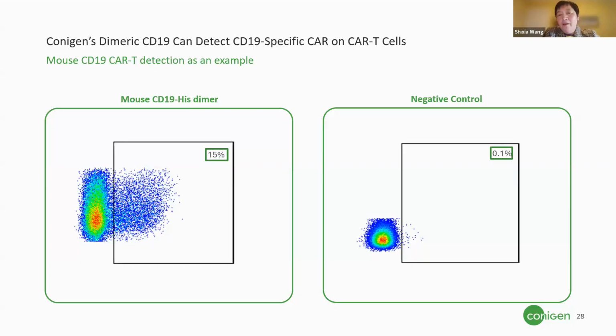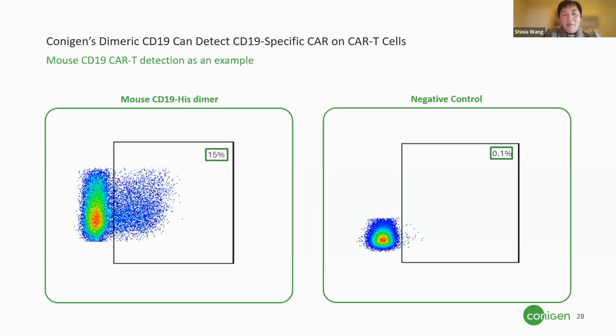So therefore, we developed a panel of CD19 dimer proteins. These CD19 dimer proteins were tested in in vitro assays. One example is to test the binding to the CD19 specific CAR on CAR T cells. Here is the mouse CD19 CAR detection.